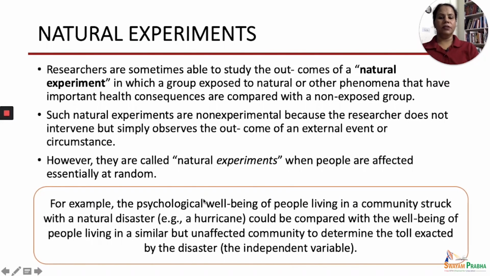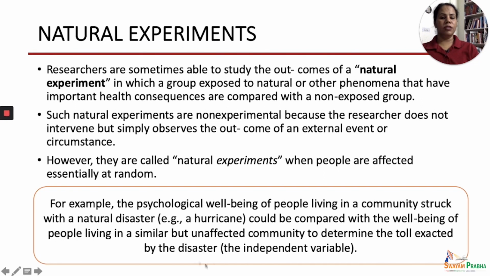An example here is the psychological well-being of the people living in a community struck by a natural disaster, for example a hurricane, which could be compared with the well-being of the people living in a similar but unaffected community to determine the toll exacted by the disaster.